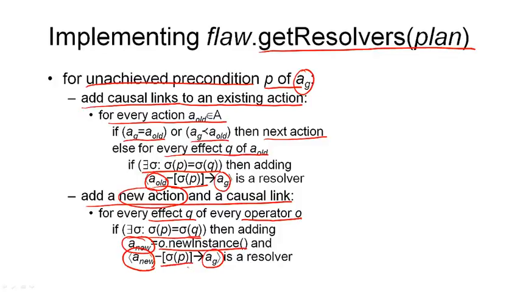And again, we protect the condition sigma of P, the instantiated proposition that is an unachieved precondition of AG. And these two things together provide our resolver. So, if our flaw is an unachieved precondition, we can remove this flaw by either adding a causal link from an existing action, or we add a new action and a causal link from that new action to our unachieved precondition.